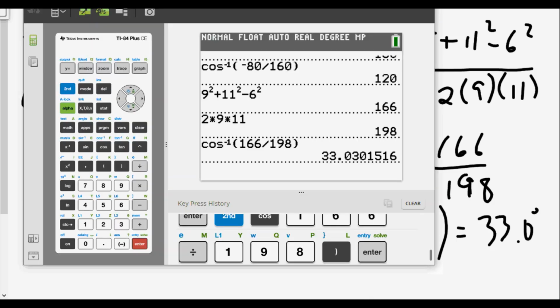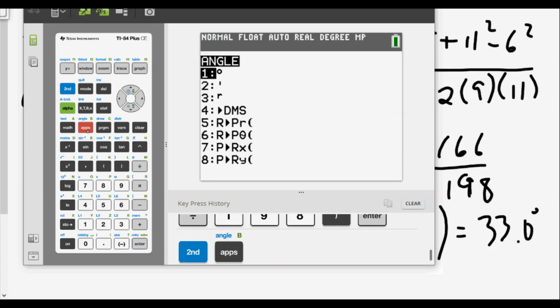On our calculator, remember that whole thing with the second apps? There is a choice 4, which is DMS, and DMS stands for degrees, minutes, seconds. It will take our answer, the 33.0 whatever it was, and put it into degrees, minutes, and seconds.